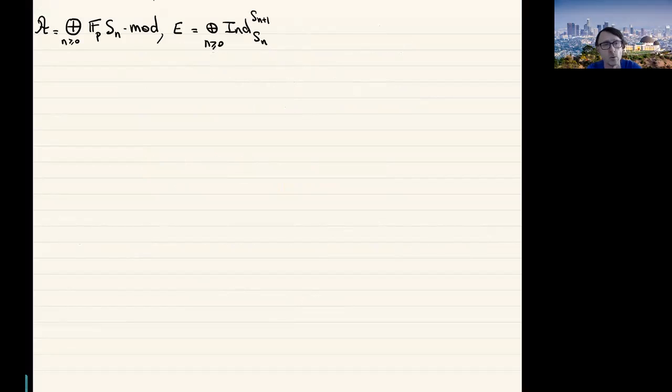If you look at representations of the symmetric group in characteristic p, and not just a single symmetric group Sn, but you put all symmetric groups together, you can induce from Sn to Sn plus 1.